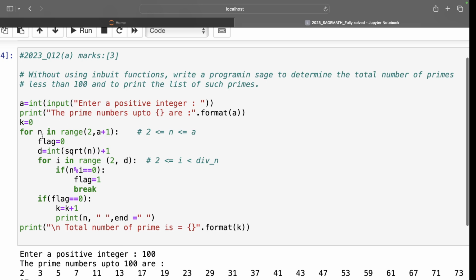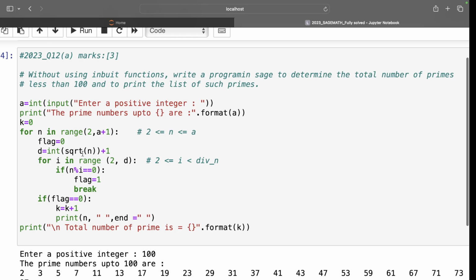k equal to 0, for n in range 2 to A plus 1. Actually, range means the Python integers starting from 2 up to A, so n takes the values 2, 3, 4 and up to A. Flag equal to 0.